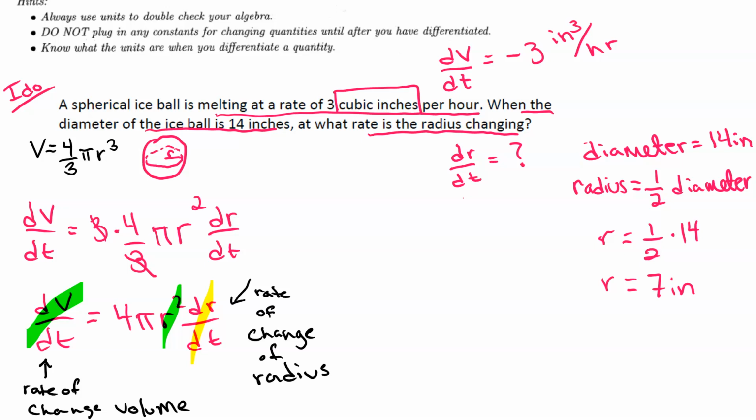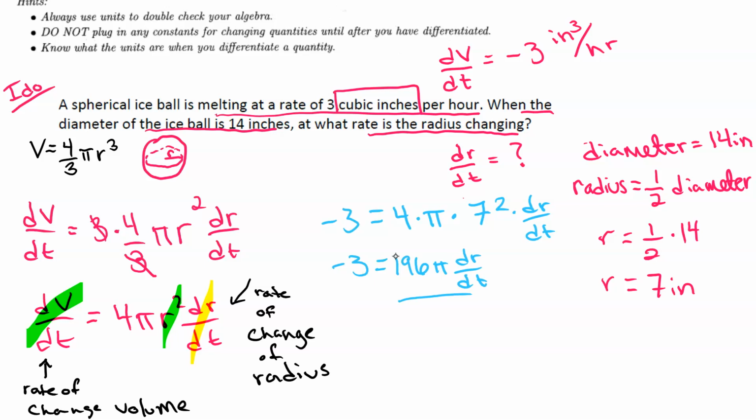So when we do that, we've got -3 equals 4 times pi times r squared, 7 squared, times our unknown dr/dt. So I've got -3 equals 4 times 7 squared, which is 49, so 196 pi dr/dt.